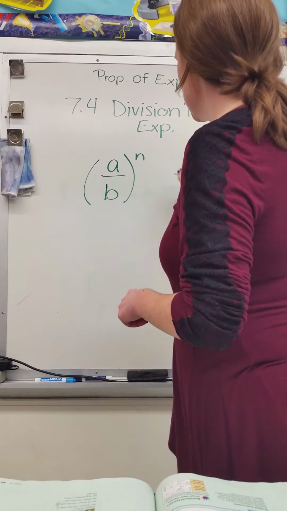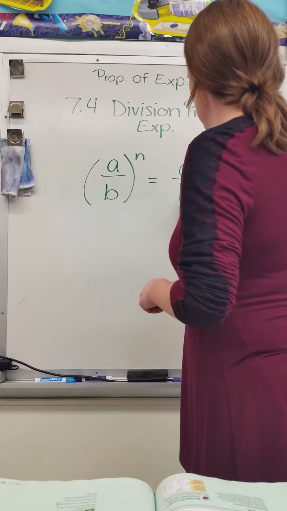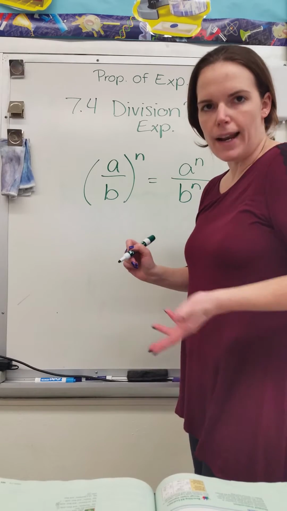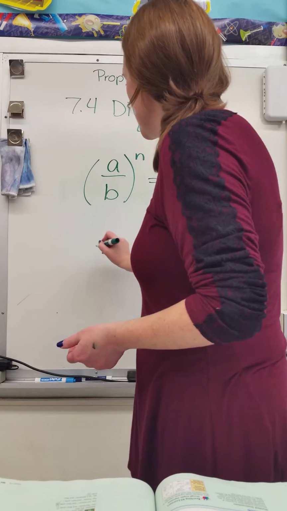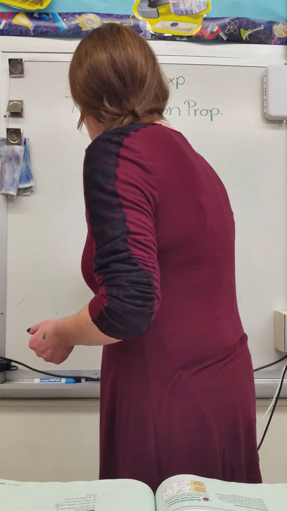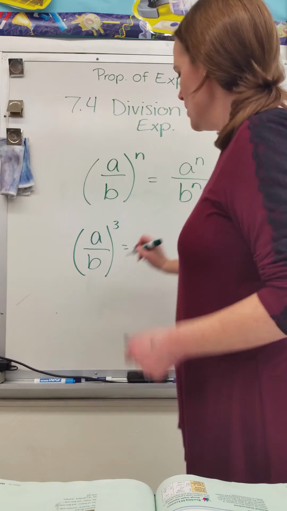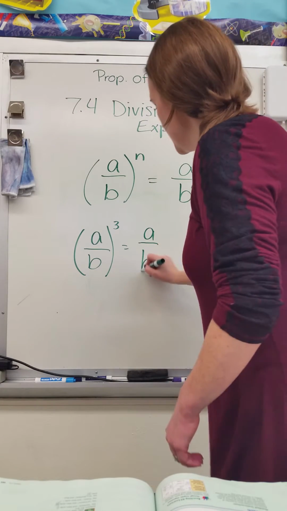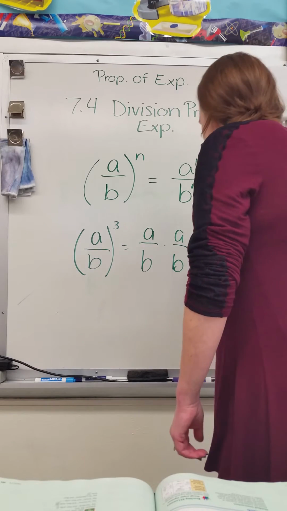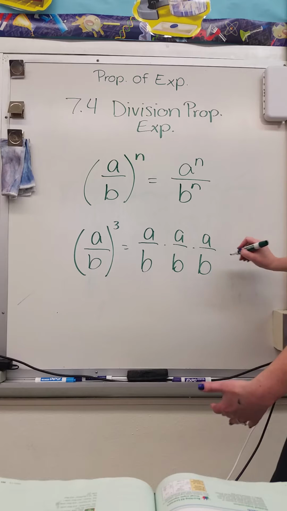So this is A to the n over B to the n. And again, the reason that happens is because if you had, say, A over B, and we take that to the third power, well, what that says is A over B times A over B times A over B. So you've got 3 A's and 3 B's.